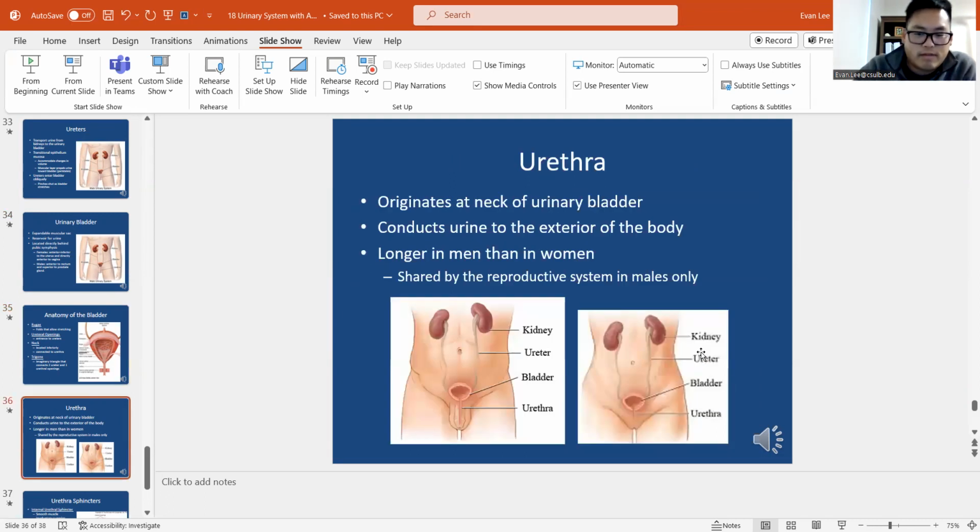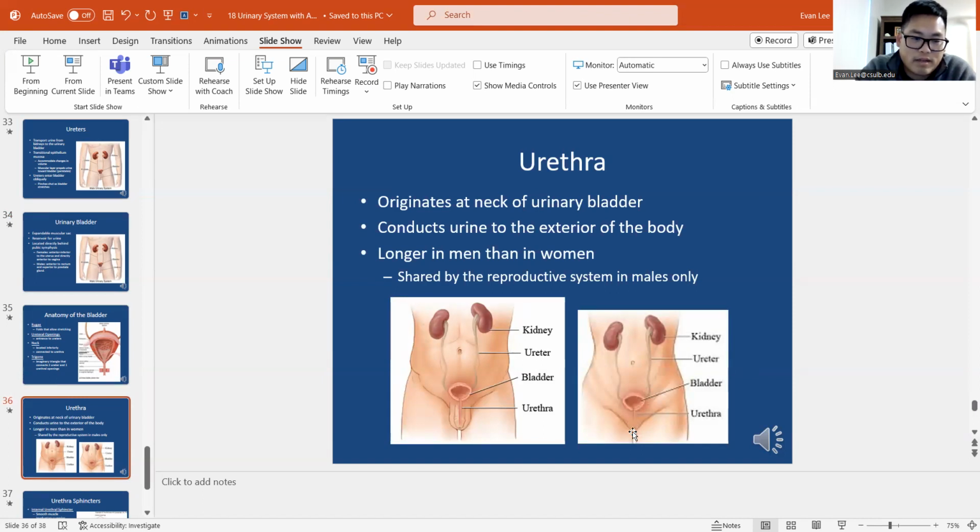Now, finally, the urethra. This is where the urine is going to leave the body. This is basically how you release the urine, whenever you need to urinate. And just to be clear, it is slightly different between male and female bodies. For the female body, it's quite short. It just goes from the urinary bladder to the bottom of the pelvis, and that's about it.